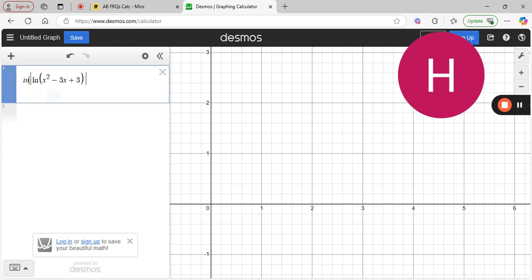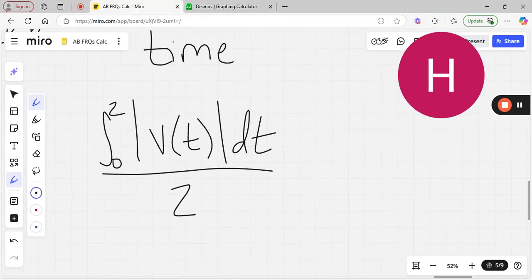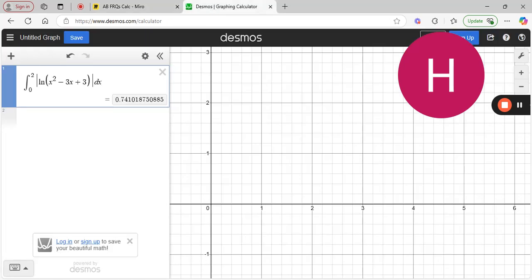Let's go ahead and find the integral of that from 0 to 2. All right, there we go. There's the true distance, 0.741 over the time of 2. Let's make sure there's no new rounding situation that comes from that. I don't think there is.